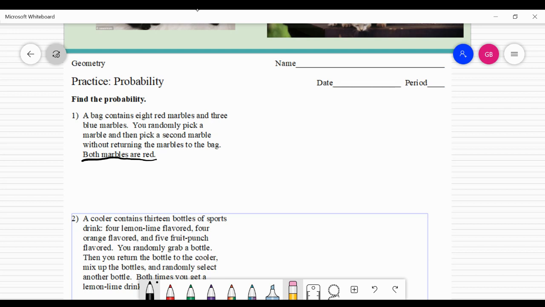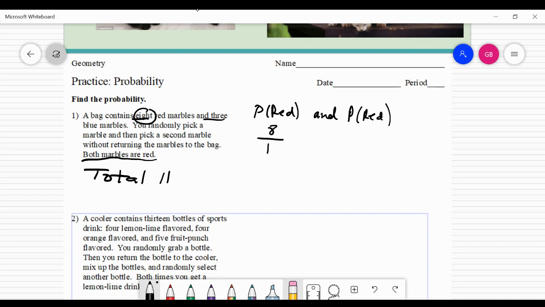Okay, so there's 8 red and 3 blue, so it's a total of 11. And then we want both to be red. So probability of red and probability of red. So for the first red one, it's 8 out of 11. You do not replace it, so it drops to 7 out of 10.